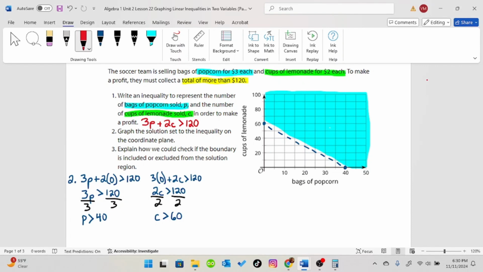Number 3. Explain how we could check if the boundary is included or excluded from the solution region. In order to do this, pick a point on the line.